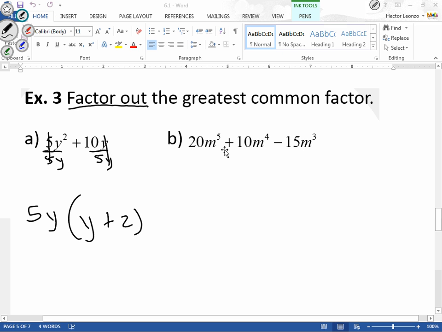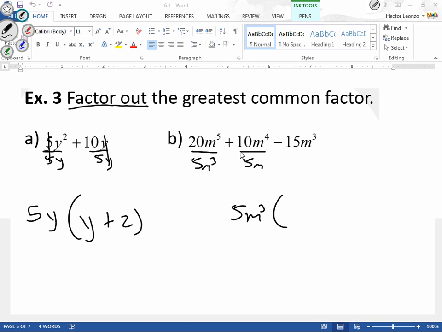Now here, number-wise, I'm going to factor all of them by 5. I can divide 5 from all of them. Letter-wise, I'm going to have m to the third. If I divide each of them by 5m to the third, for the first term I'm going to get 4m squared.